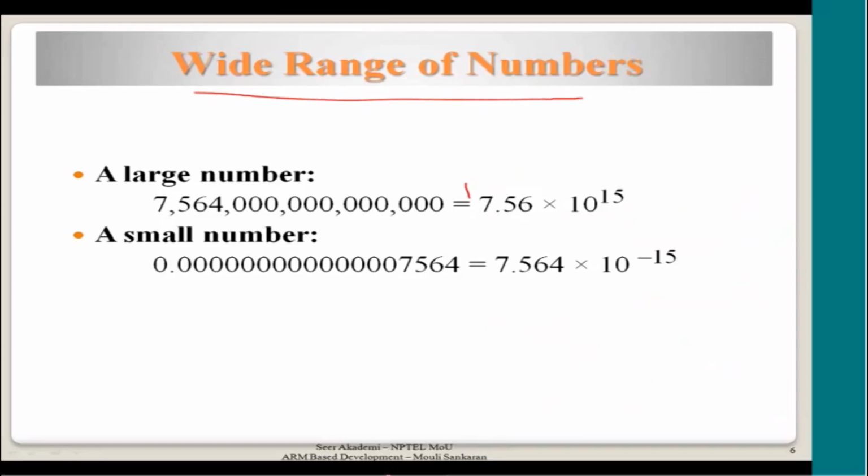I showed you only positive here, but equivalently I can give you a negative of this. So it can expand from 0 on both sides. This is negative and this is positive. It can go on giving me a bigger positive number, and this can go on without reaching 0, a smaller positive number, and similarly I can go on getting a smaller negative number and a bigger negative number.